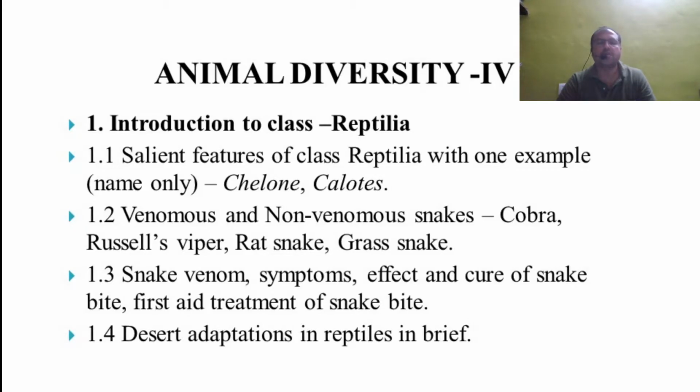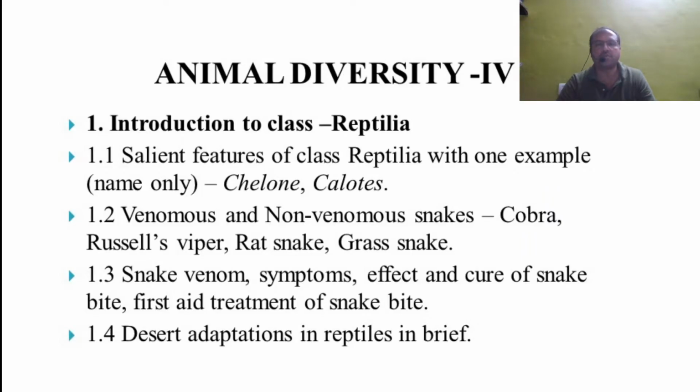The second subunit from this class Reptilia is venomous and non-venomous snakes, which include the cobra and Russell's viper, which are venomous, and rat snake and grass snake, which are non-venomous.